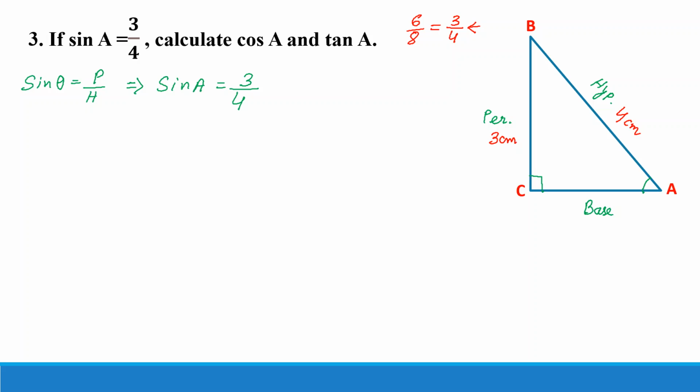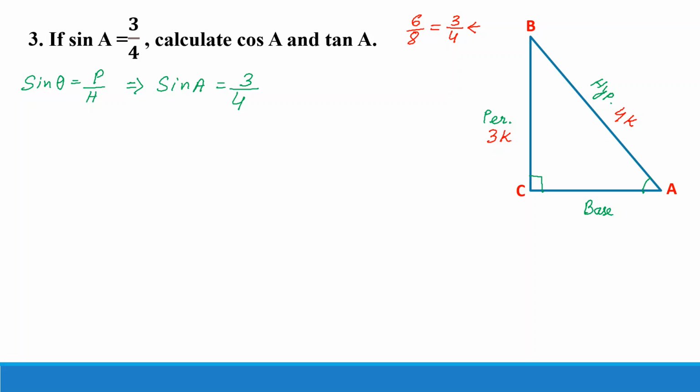So we will not take the sides as 3 centimeter and 4 centimeter. Instead of that, we consider it in the ratio form only. We will consider the perpendicular as 3k and hypotenuse as 4k.